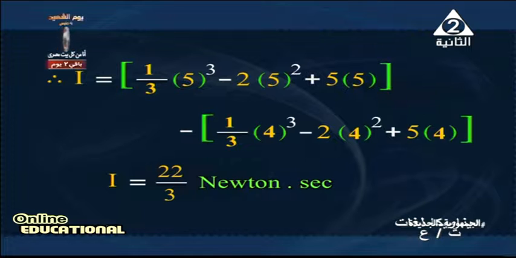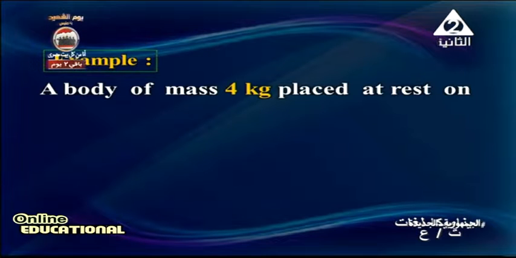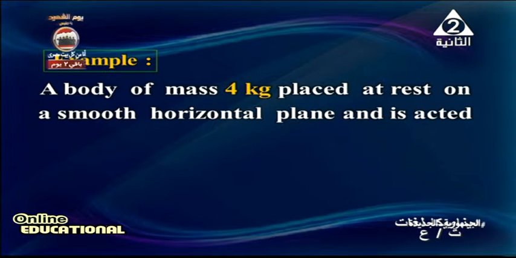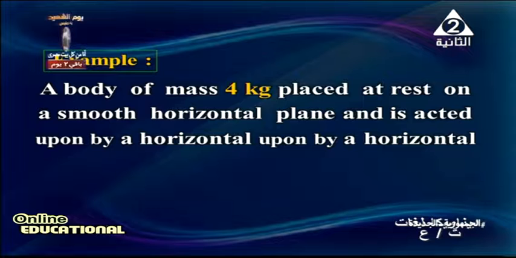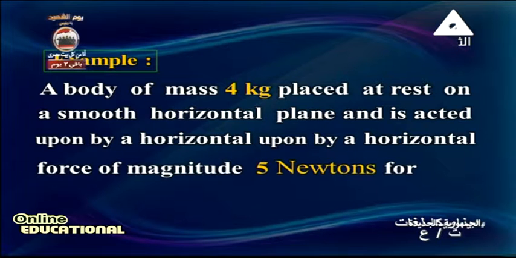Another example. A body of mass 4 kilogram placed at rest on a smooth horizontal plane is acted upon by a horizontal force of magnitude 5 Newton for 8 seconds.